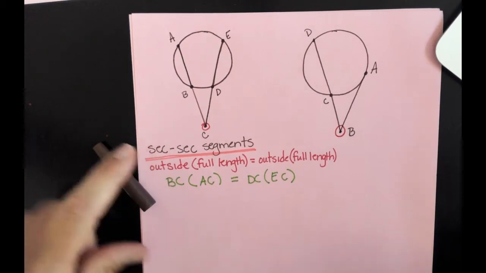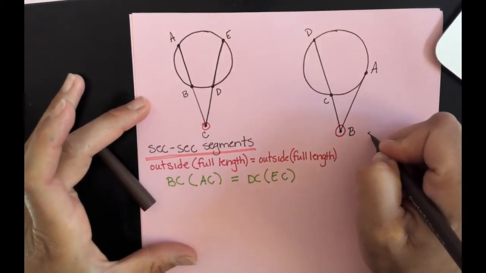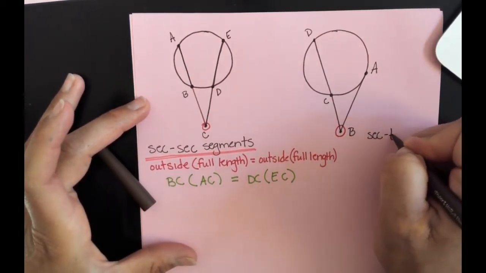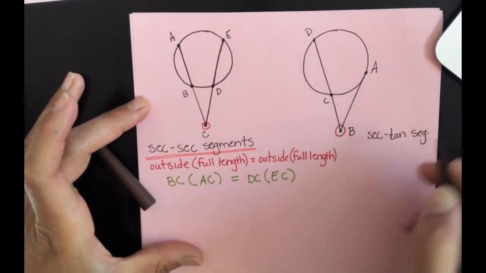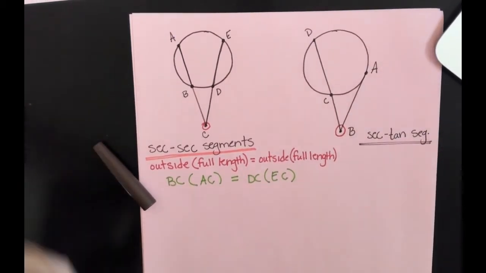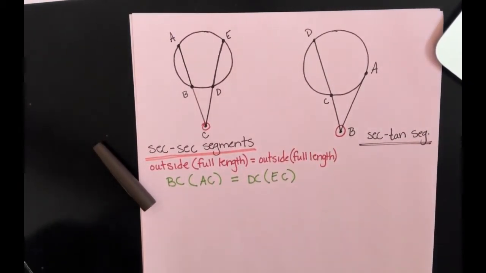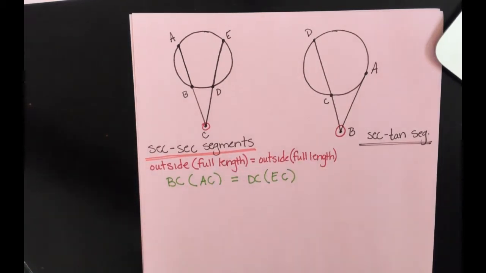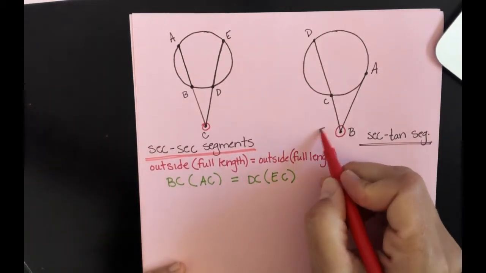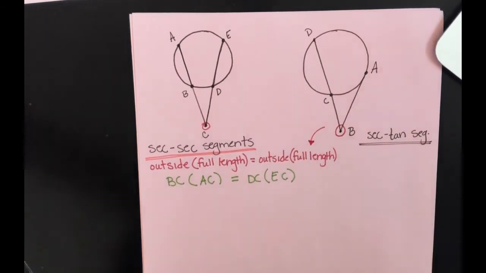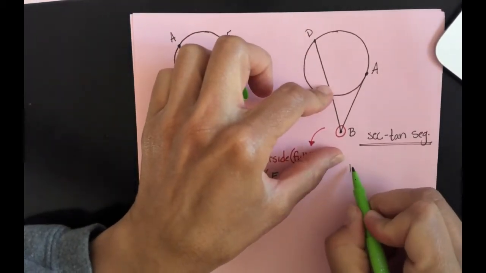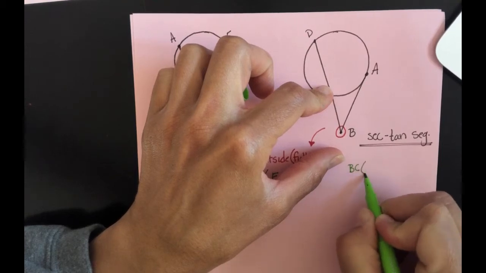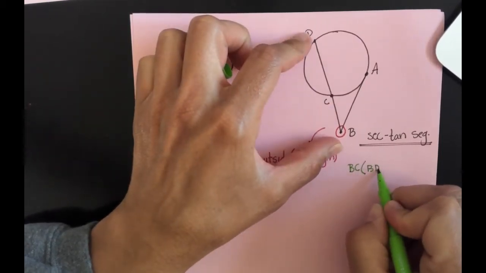So again, even though this one is called a secant tangent segments, they still touch outside of the circle. So they're going to actually follow the exact same pattern. Outside times the full length, outside times the full length. So on this side, we do have outside BC times the full length BD.